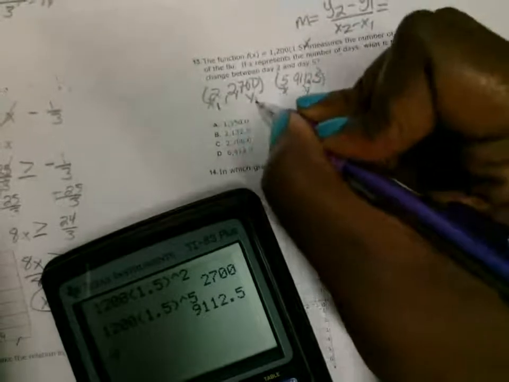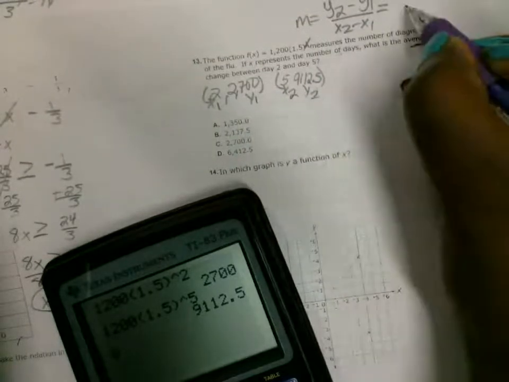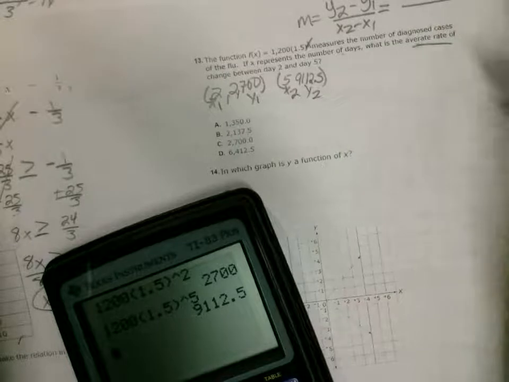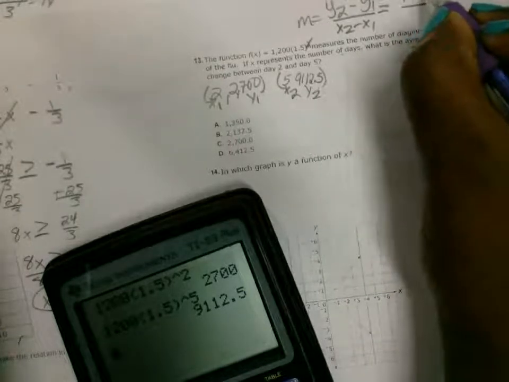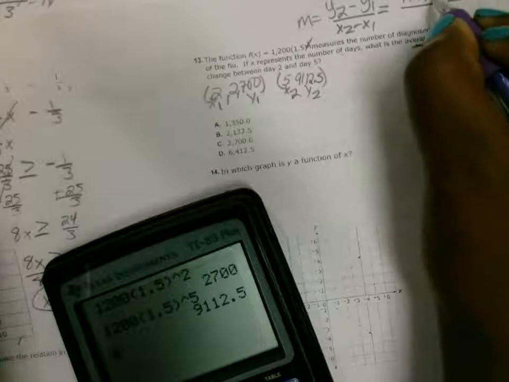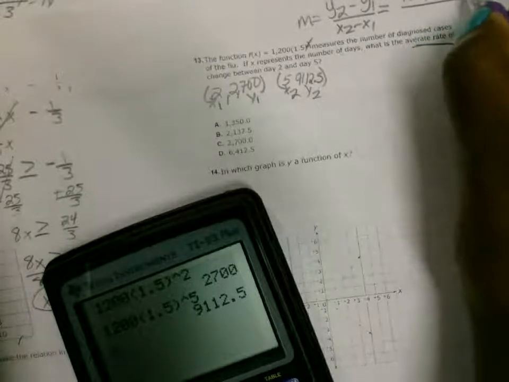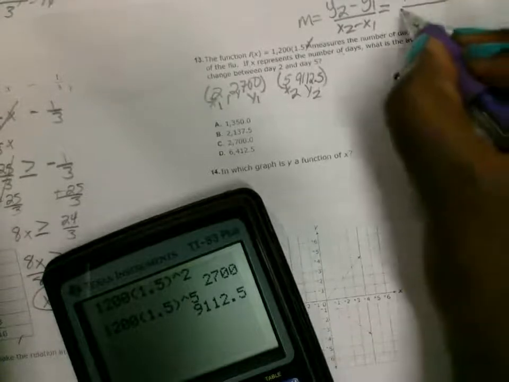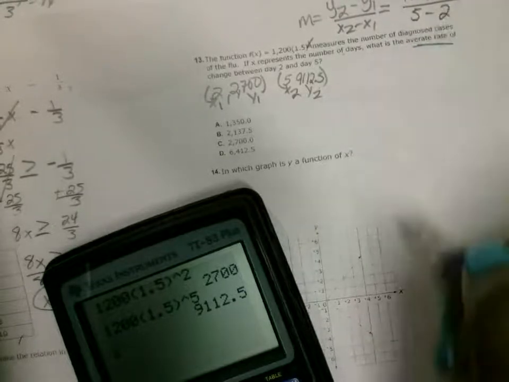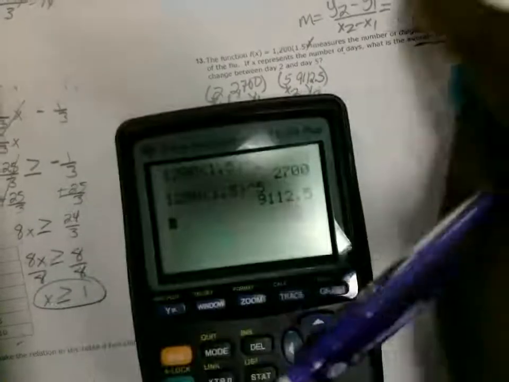It's x1, y1, x2, y2. So let's substitute, okay? On the top, you're going to get 9,112.5 minus 2,700. On the bottom, you're going to get 5 minus the 2. Okay? So now let's subtract.